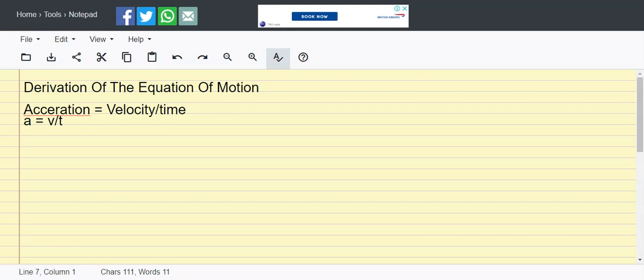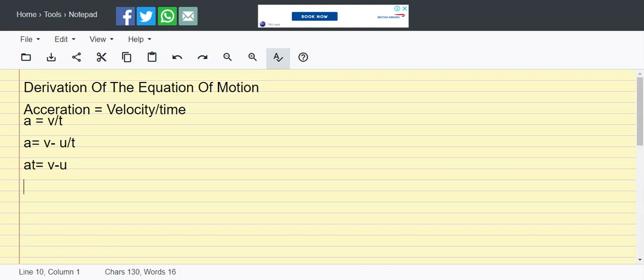So our a equals change in velocity, which equals v minus u over t. Therefore our first equation of motion: cross multiply, that's at equals v minus u.